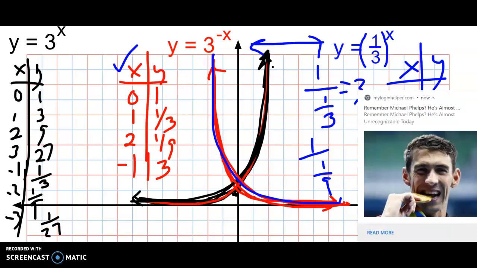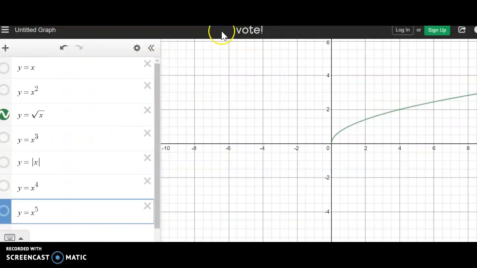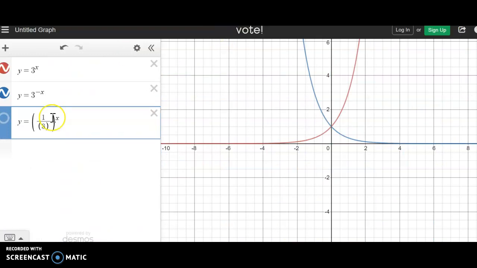Okay? Does that make sense? So I hope you got those graphed nicely. If you didn't, I think I have them graphed here for you. Here you go. I tried to graph them nicer. Y equals 3 to the x is this red graph.